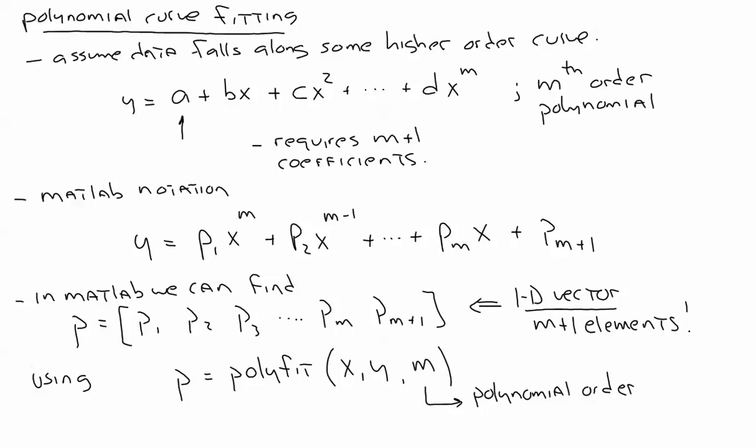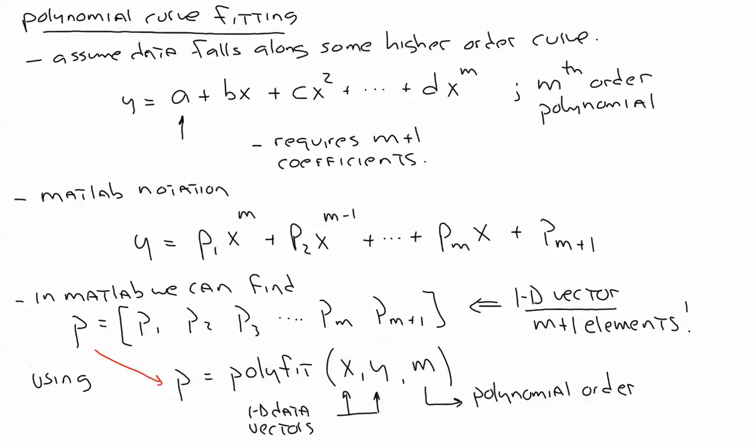To fit an mth order polynomial, I need m plus 1 coefficients. X and y are both 1D data vectors, and P is that m plus 1 element 1D vector. That's the notation we get from MATLAB.